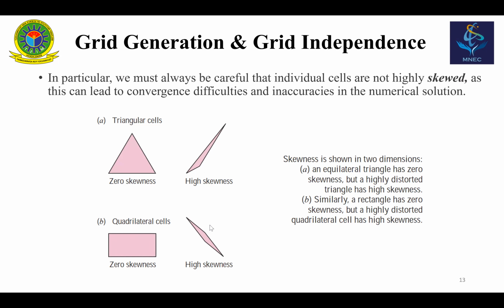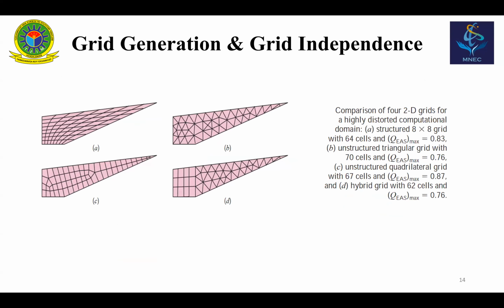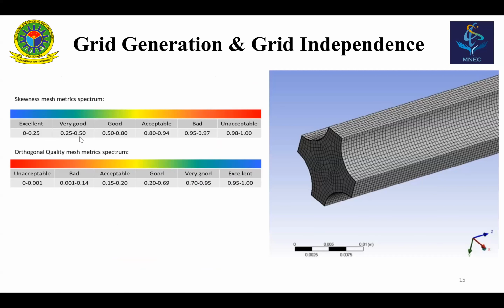So whenever we are generating any kind of mesh in ANSYS, we have to check its quality. There is an option in ANSYS, which I will show you, from where you can check the quality of the mesh, whether it is skewed or not. We will always try to maintain cells with very small skewness, and you can see this is the parameter for the skewness.